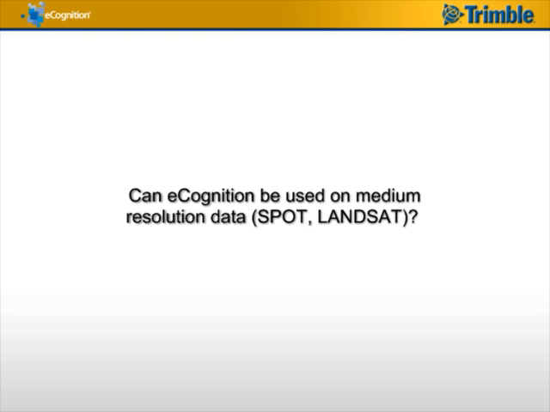Actually, the machine learning sort of comes from that area. Most of our customers that use the CART approach are using Spot type data to do those analyses on a large scale. So we definitely also stick true to not only high resolution data.